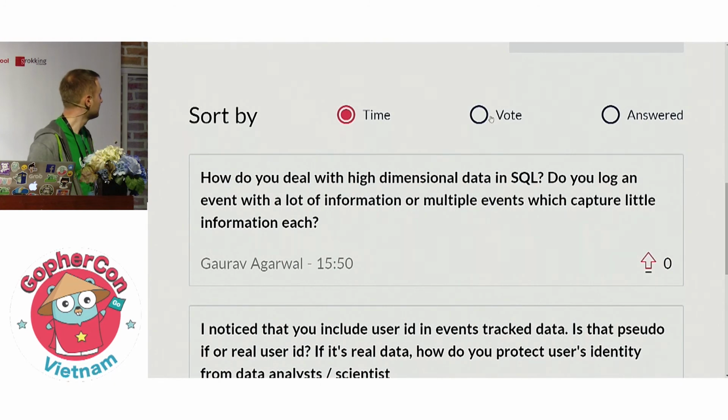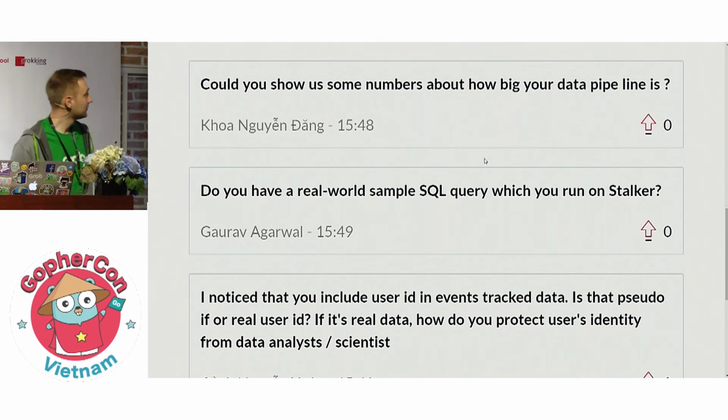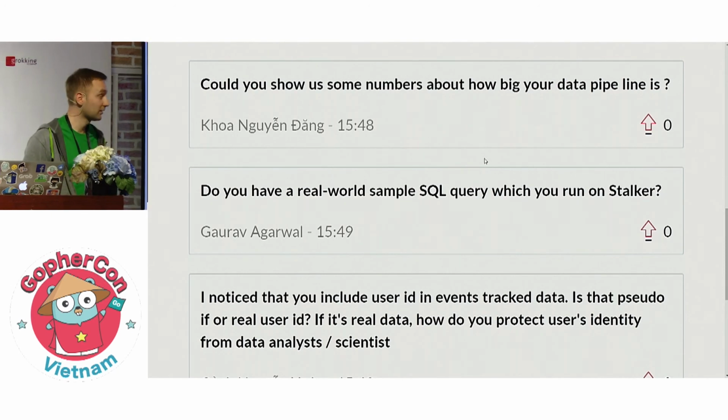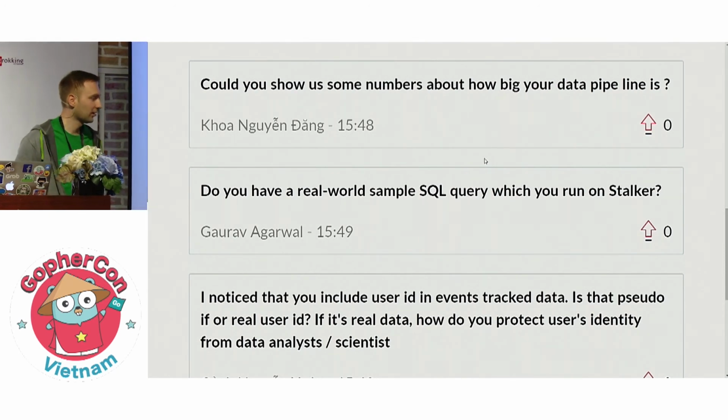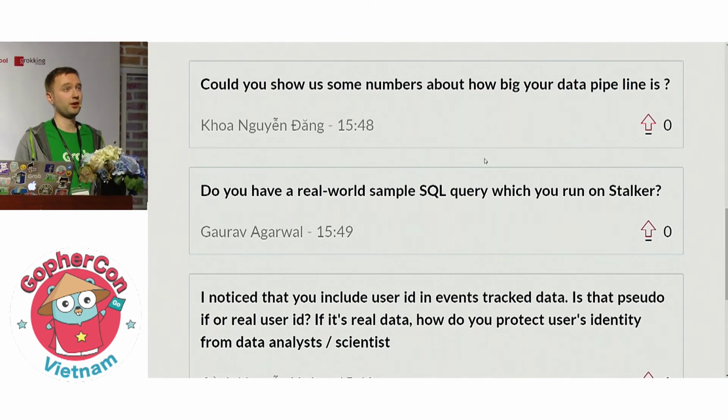Okay, let's move to the Q&A part. So, right. For numbers of our data pipeline, as I mentioned, at peak it's about 500,000 events per second.